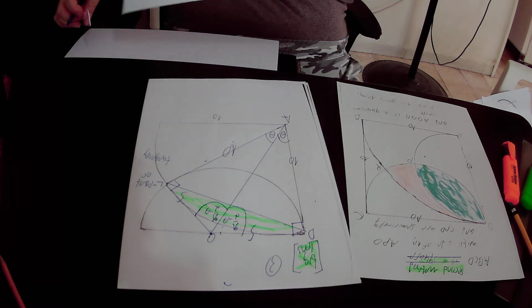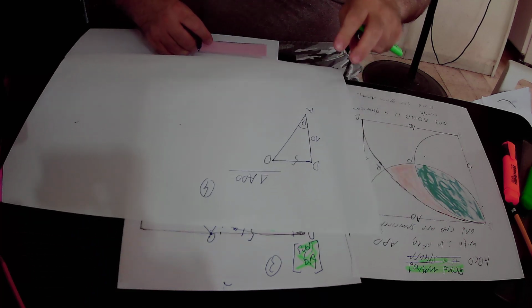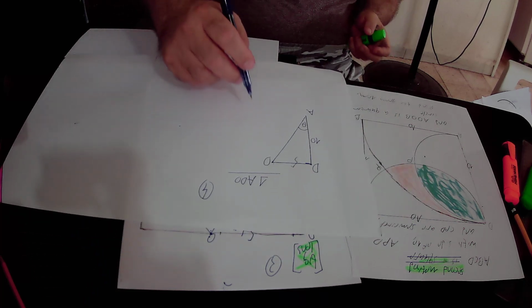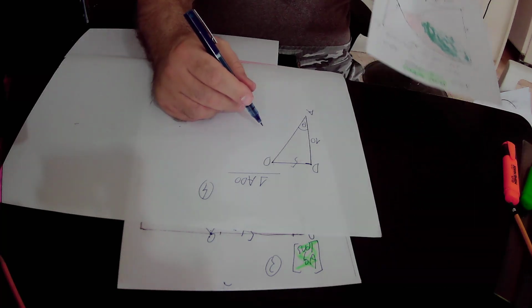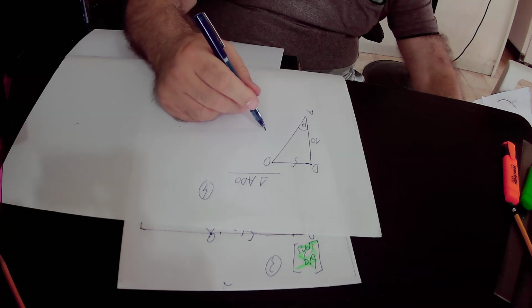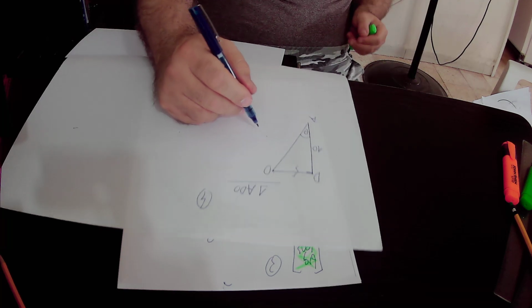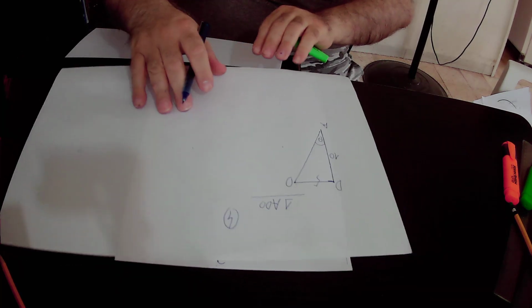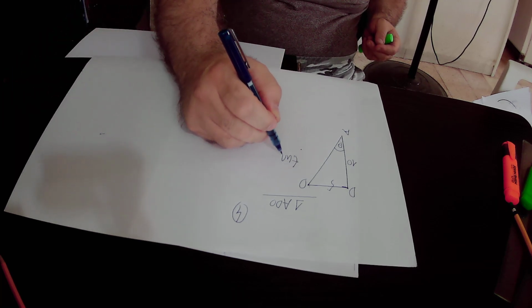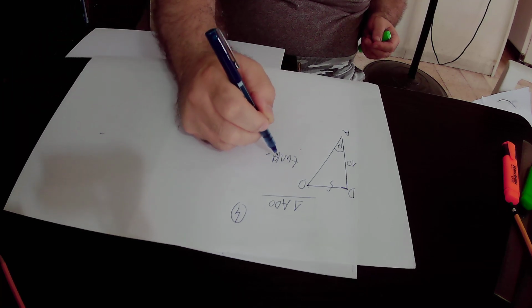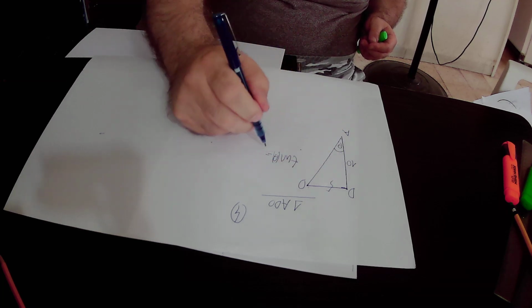So I copied the right triangle ADO in this new page, and here it's very easy to see that in triangle ADO, tangent theta equals DO over DA.